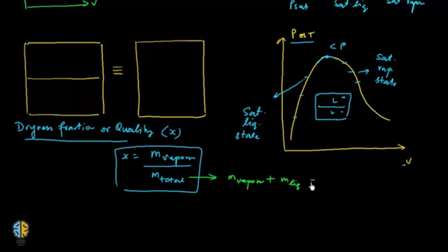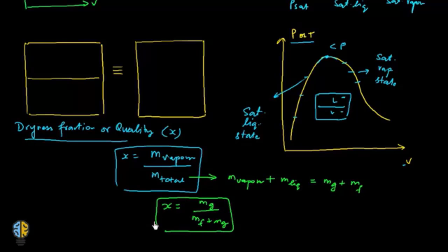You can write it down like this: mg plus mf. So the value of x becomes mg divided by mf plus mg. This is the value of the dryness fraction or the quality.